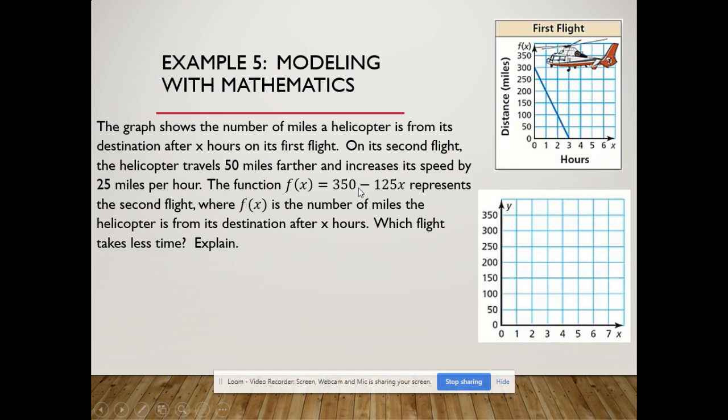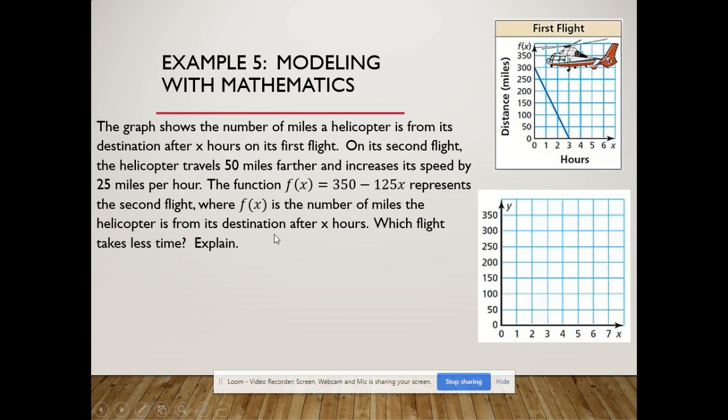And we are decreasing our distance by about 125 miles per hour. This is going to be 25 miles per hour faster than what the first flight did. So this function right here is going to represent the second flight, where f of x is the number of miles and x is the number of hours.